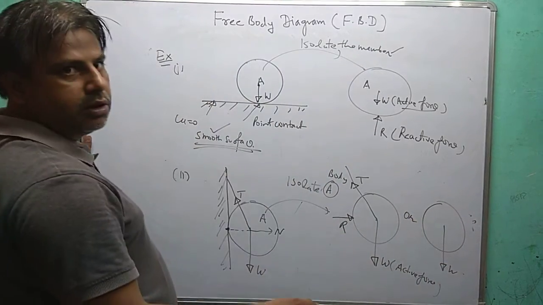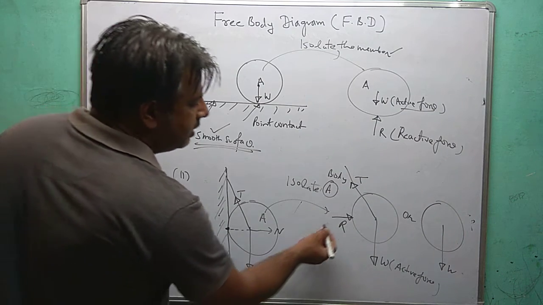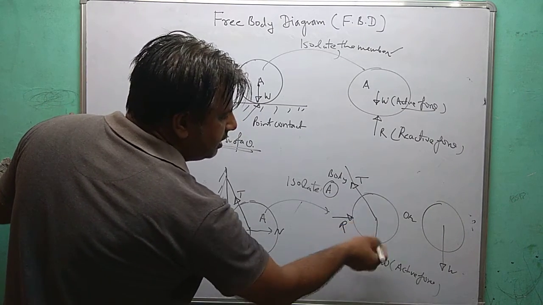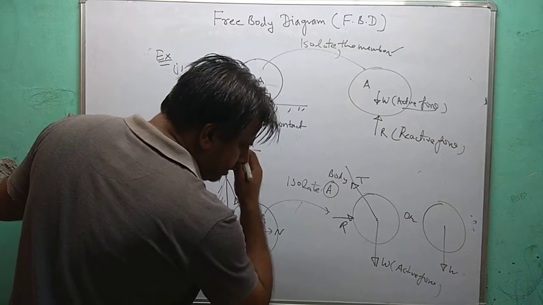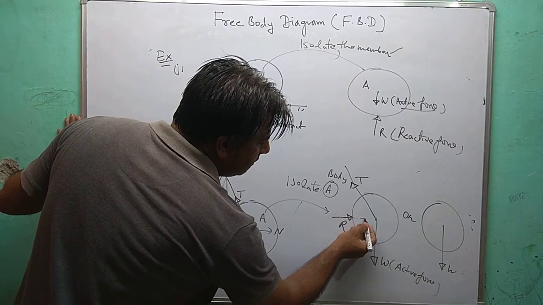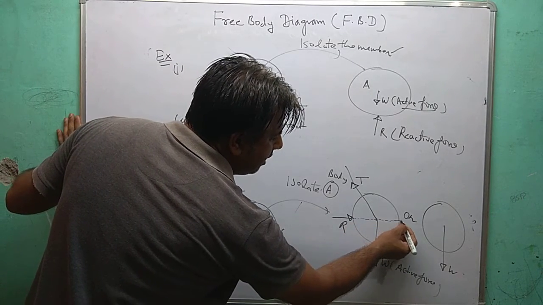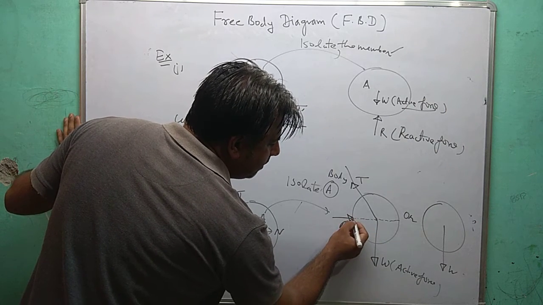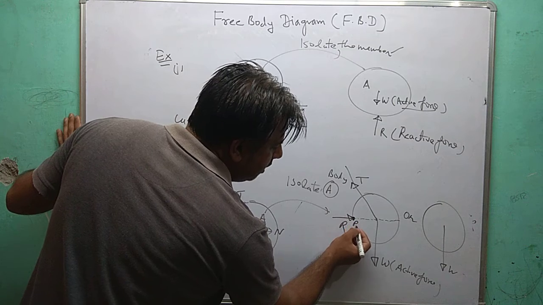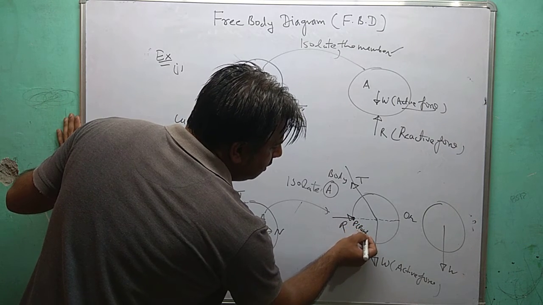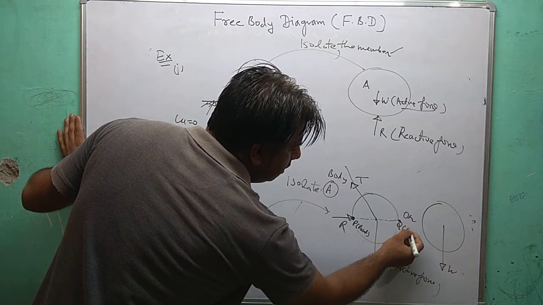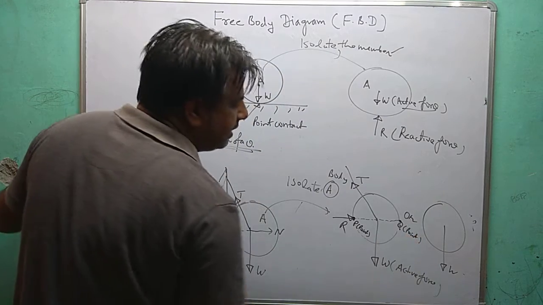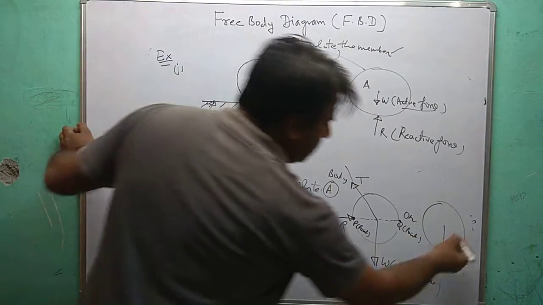Now with respect to the principle of transmissibility, if the condition of equilibrium remains unchanged, then these reactions will pass through this center and you can transfer from this point, suppose this is my point P, to point Q. So here you apply the principle of transmissibility.